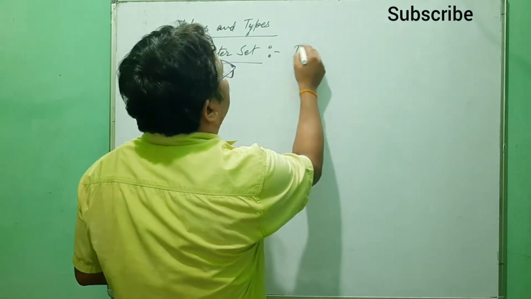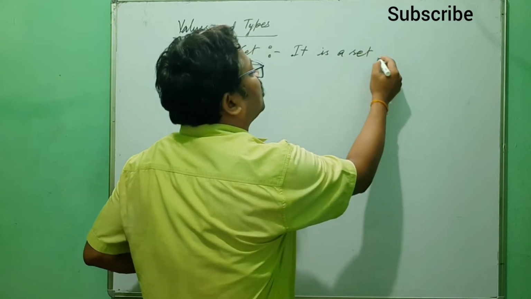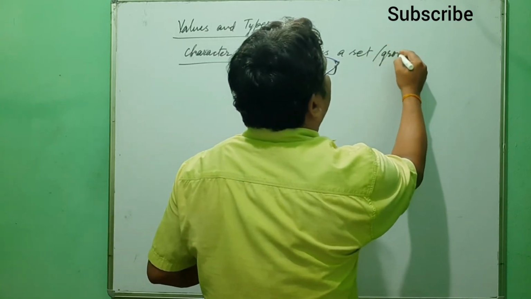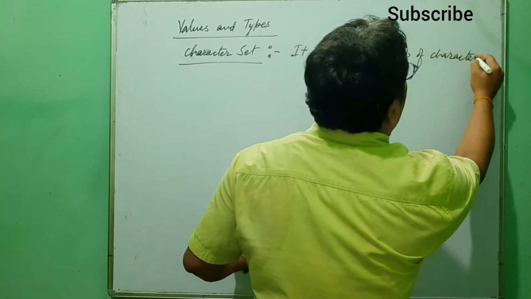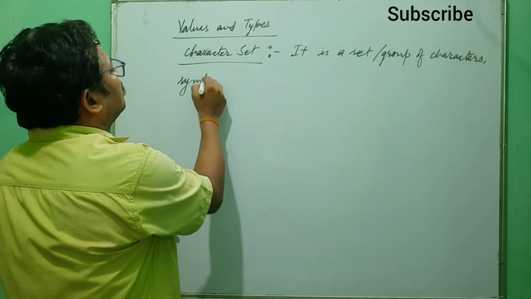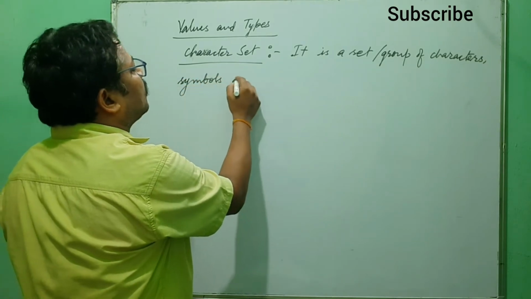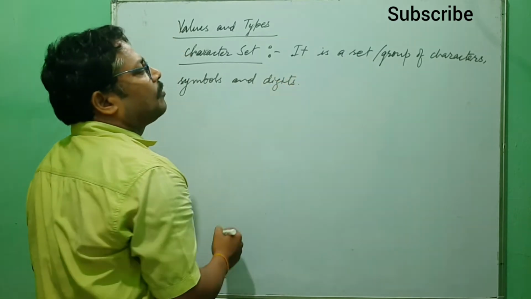What is it? It is a set or group of characters, symbols and digits. Clear?